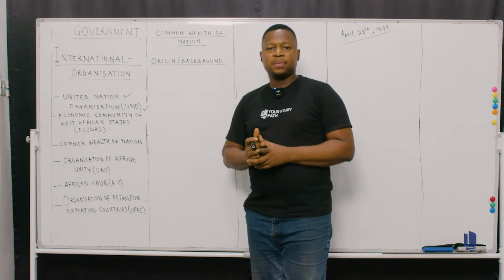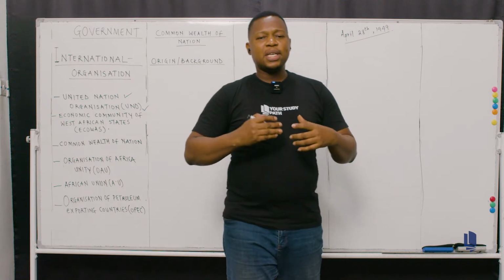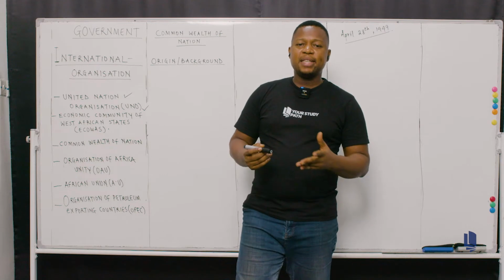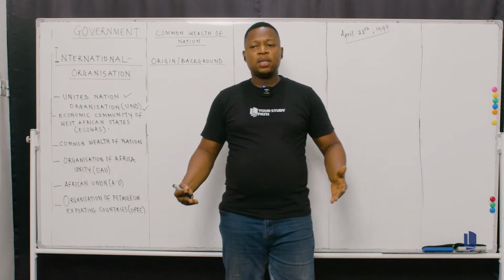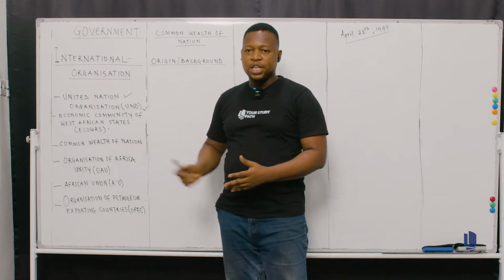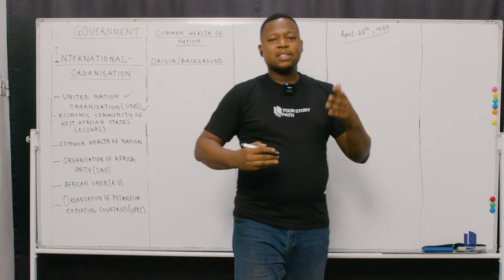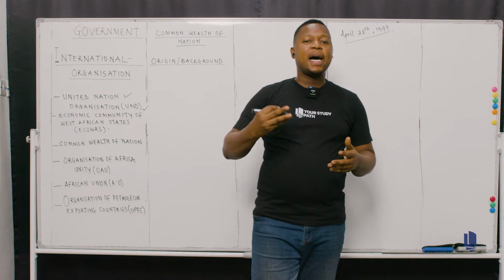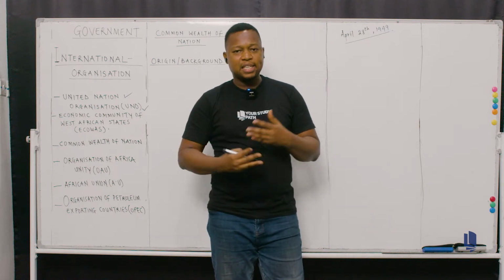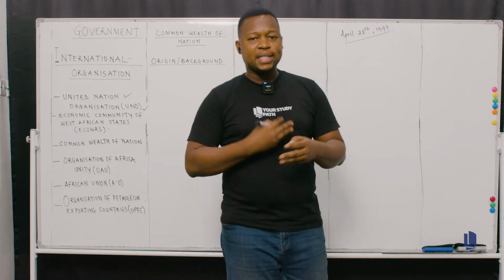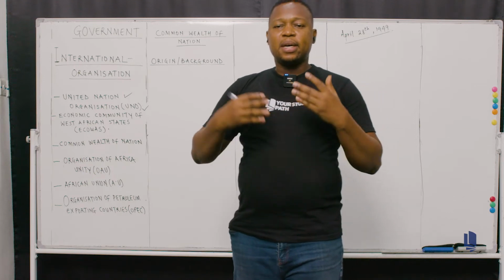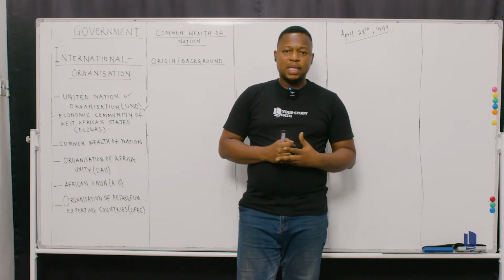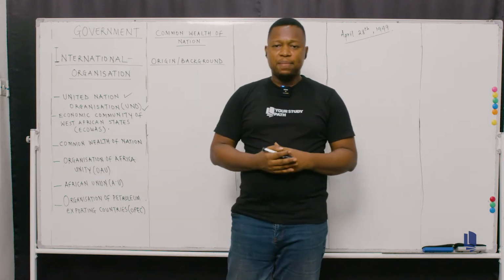Now, what else do you want to know again? From our background, we have to understand that the member states that we have under the Commonwealth of Nations came about as a result of their past colonial ties with Britain. Now, what is the past colonial tie I'm talking about?